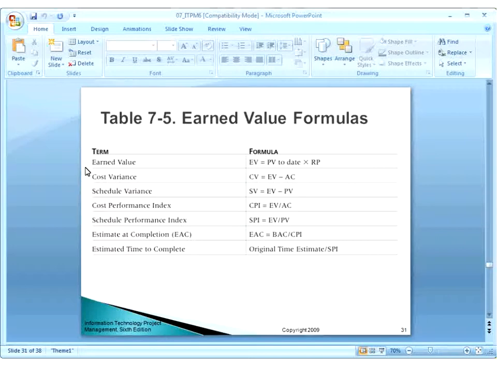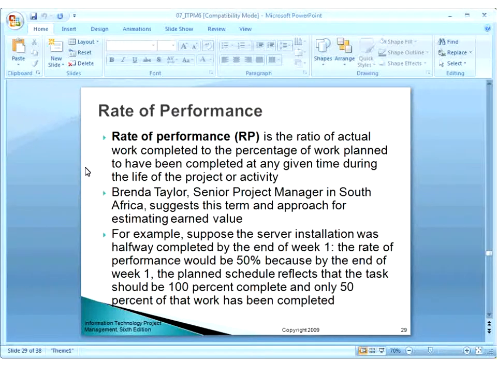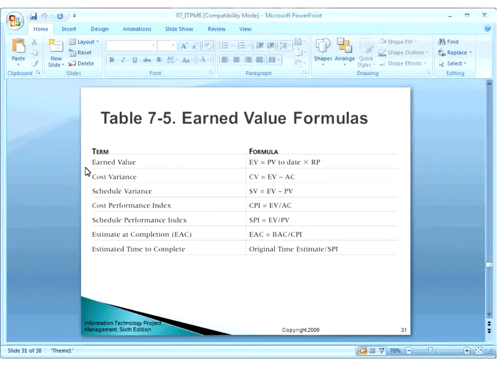The earned value is calculated as planned value to date multiplied by rate of performance. And similarly, cost variance, schedule variance, and cost performance index are calculated using these formulas.